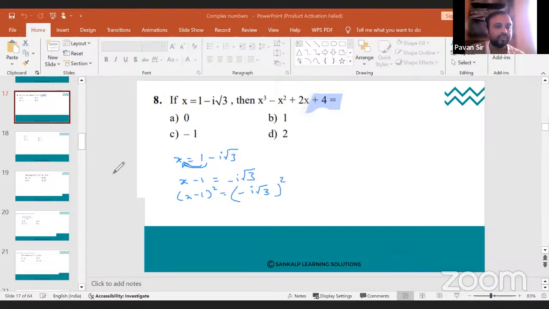Now try to solve this. What is the answer for this? X minus 1 the whole square means what? X square minus 2x plus 1. Okay, x square minus 2x plus 1.